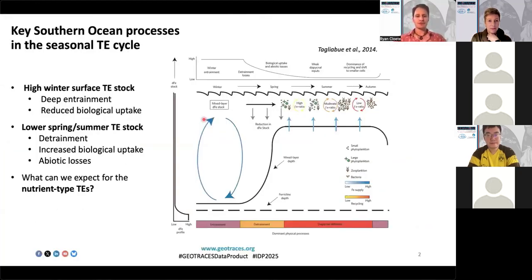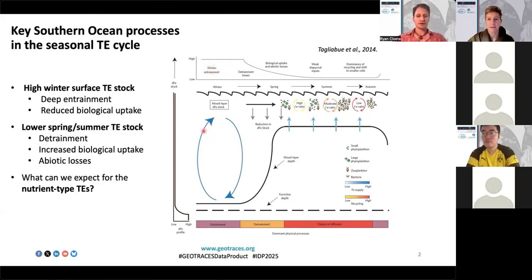I want to start off with a schematic of seasonal iron cycling in the Southern Ocean from Tagliabue et al. Many of us are familiar with this, but it really highlights the key physical, biological, and chemical processes that are at play when interpreting seasonal signals. So over here, starting with winter, we have this high iron stock.